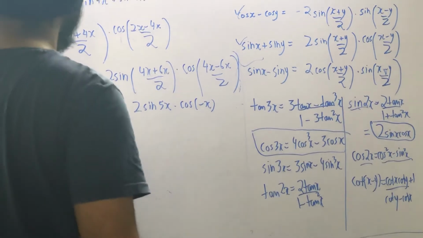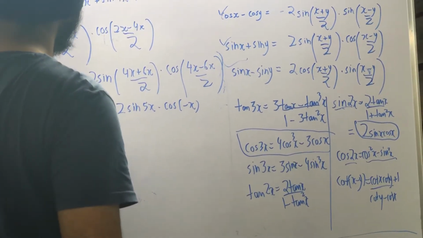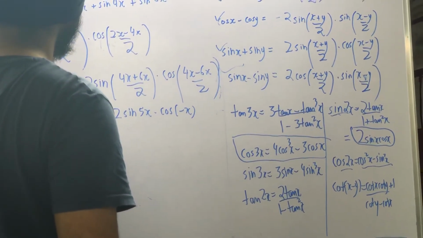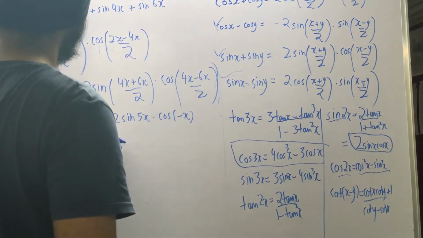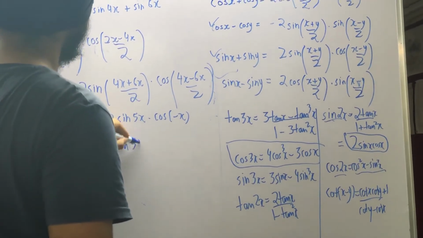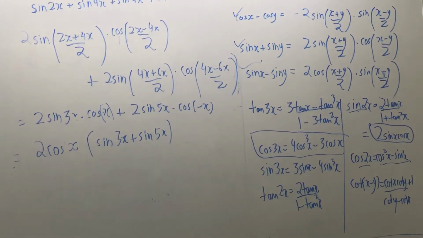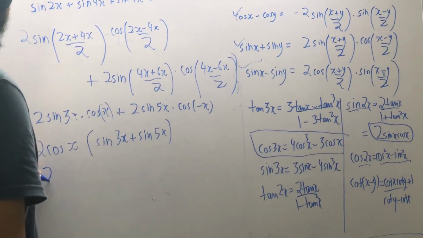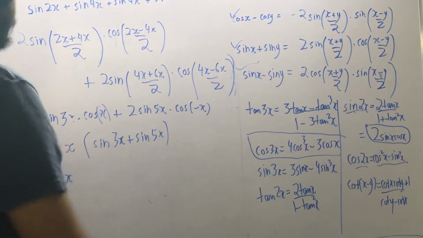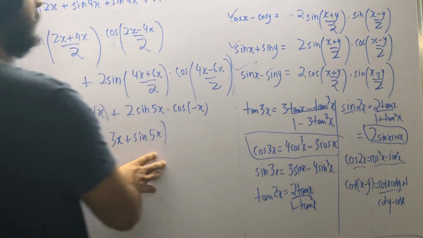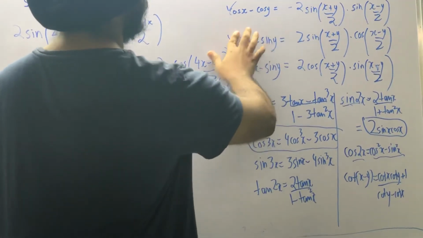What is remaining in the bracket? Sin 3x plus sin 5x. Okay, now 2 cos x. See, sin x plus sin y, you can use this formula.